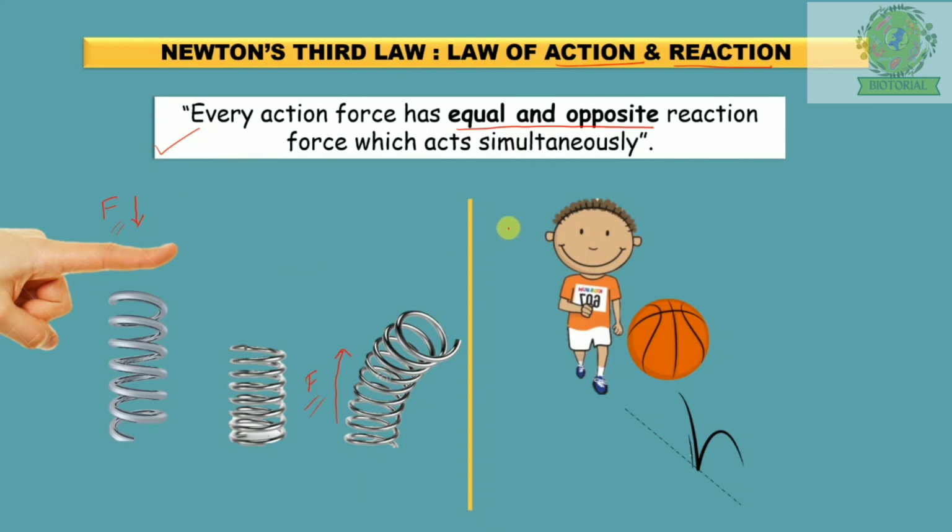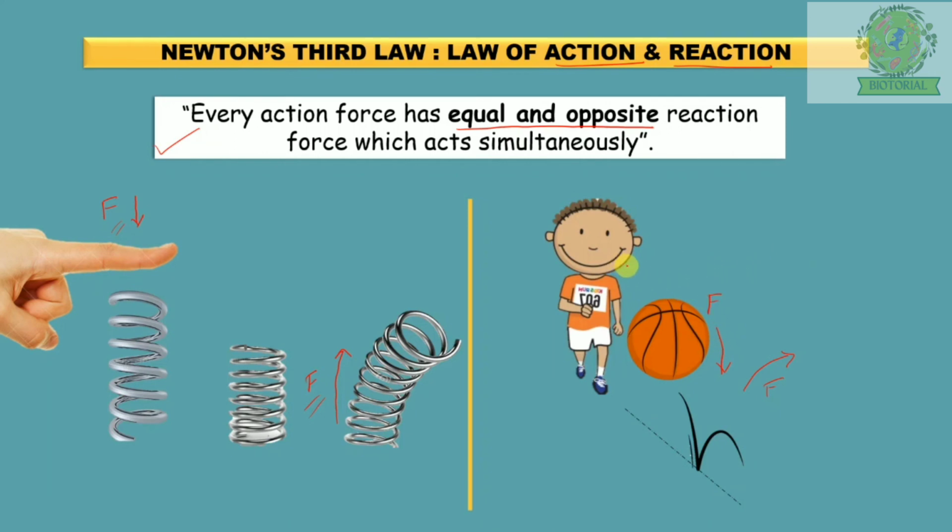When we consider the second example, we notice the same thing. This boy is playing basketball, and he throws the ball in the downward direction. As soon as the ball touches the ground, it bounces in the opposite direction, which is upward, with the same amount of force applied by the boy.